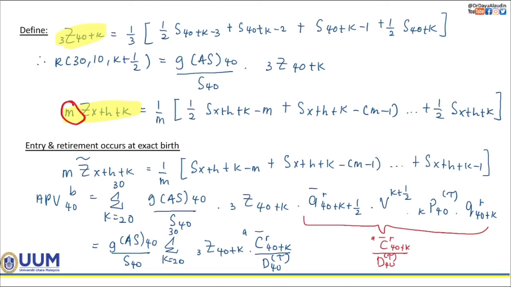And the second one is the entry and retirement occurs at exact birthday. So the notation is a little bit different. So the Z, we have the top on the Z, and this is for the APV formula, and this is when we write it down in terms of commutation function.